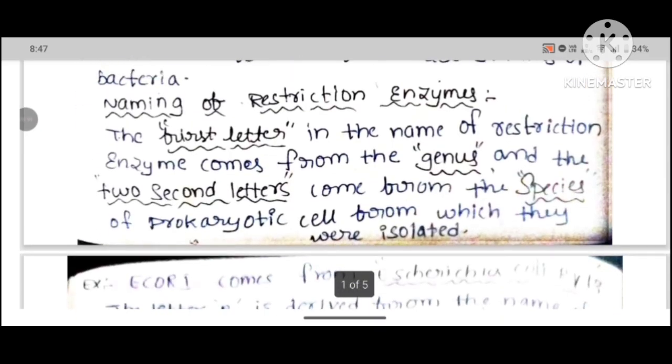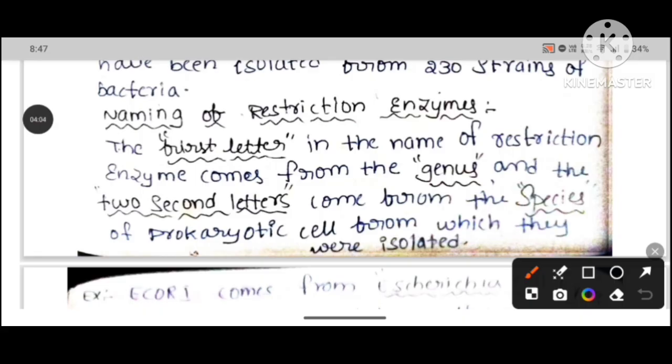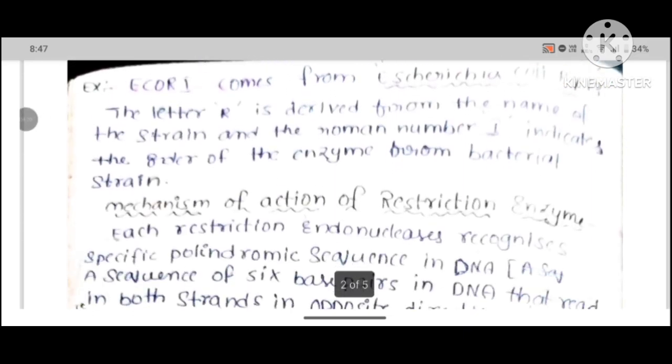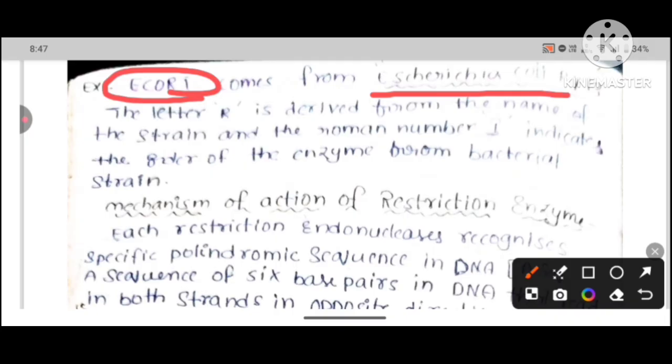How do we name a restriction enzyme? The first letter in the name comes from the genus of the isolated organism, and the next two letters come from the species of the prokaryotic cell from which it was isolated. For example, EcoRI is a restriction enzyme used in rDNA technology. It is isolated from Escherichia coli RY13, which is one such strain.